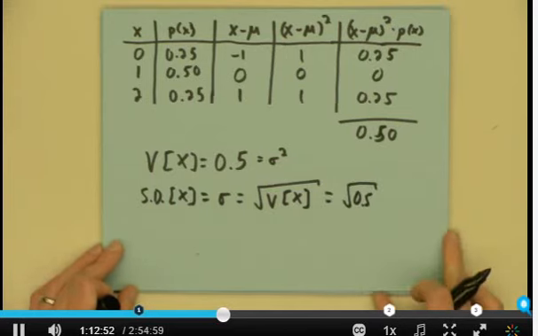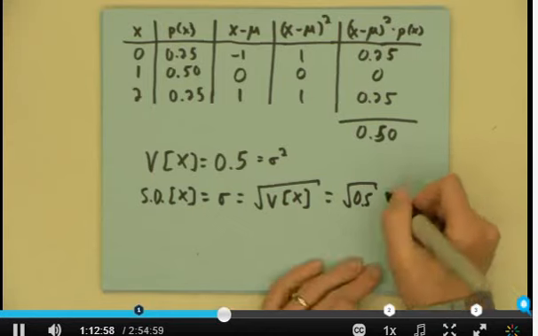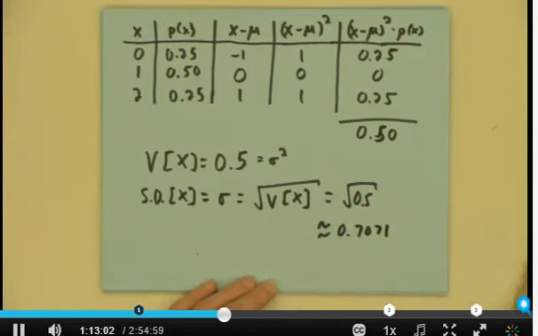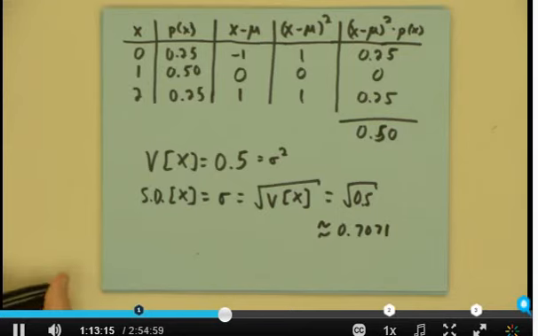Square root of 1/2, which I guess is square root of 2 over 2. And that's 0.7071. Any of you who've taken trigonometry, you've probably seen the square root of 2 over 2 a lot. That's this number right here. All right. So that is the standard deviation for this particular example. Are there questions about expected value or standard deviation thus far?